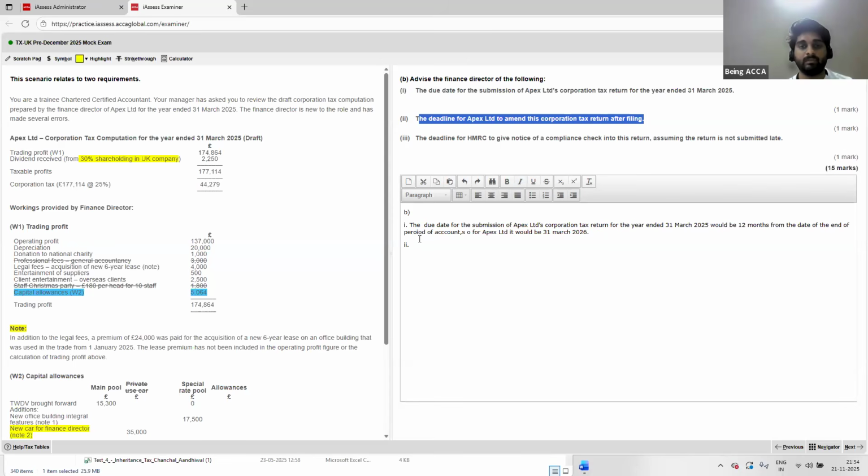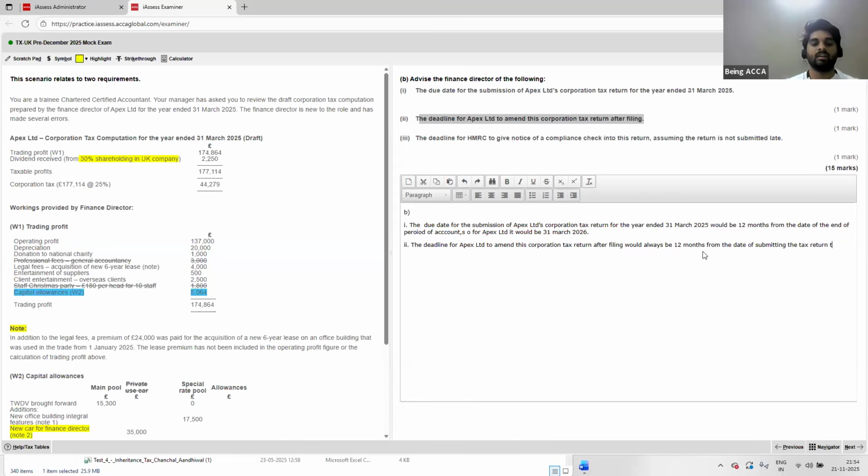Again, copy it from here. It would be 12 months from the date of submitting the tax return to HMRC.